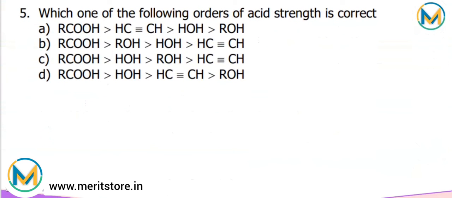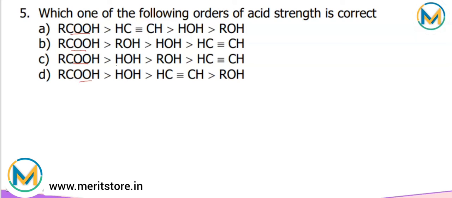which one of the following orders of acid strength is correct? So now we know that carboxylic acid is the strongest acid, and we can see the carboxylic acid in all our options. So now we are supposed to look for the other one, whether it's an alcohol, water, or alkyne. We know that water has acidity, which is less than that of a carboxylic acid.